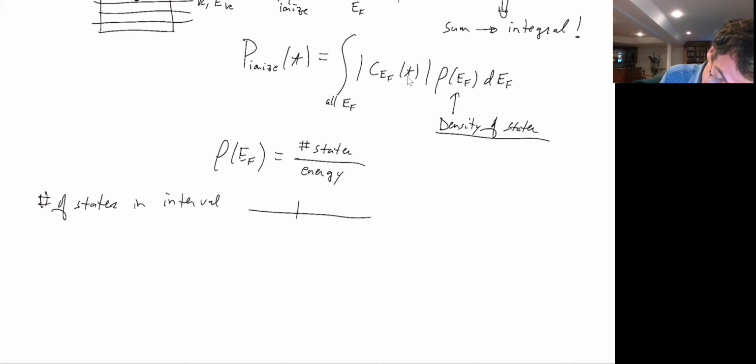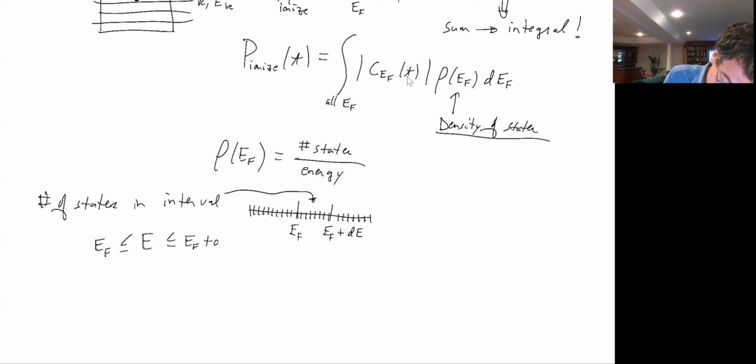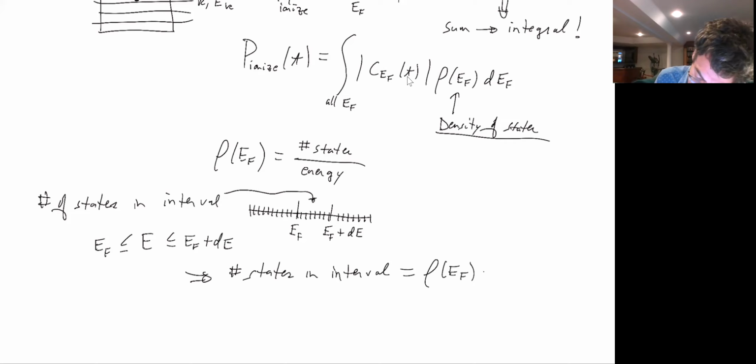If I have some energy, and this is EF, and this is EF plus dE, and if there's a continuum of states everywhere, then the number of states in this interval, where E is greater than or equal to EF and less than or equal to EF plus dE, is equal to rho of EF dE.